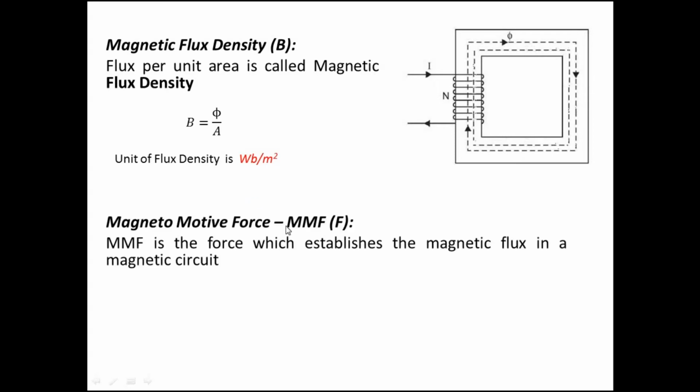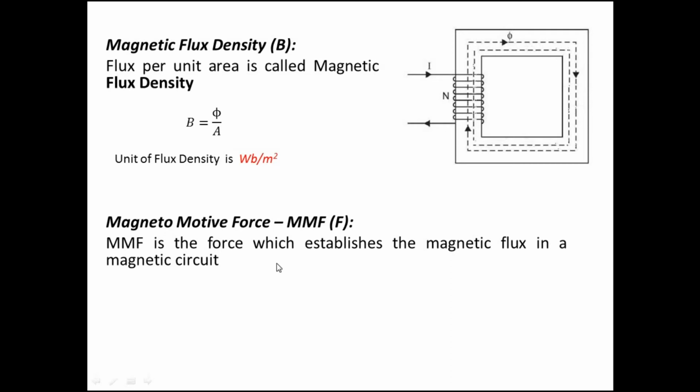Next one is magnetomotive force, MMF. MMF is the force which establishes the magnetic flux in a magnetic circuit. Means it is a source which is giving the energy to create these magnetic field lines. Here the source is this coil through which current I is passing.